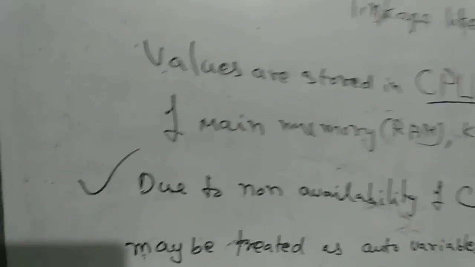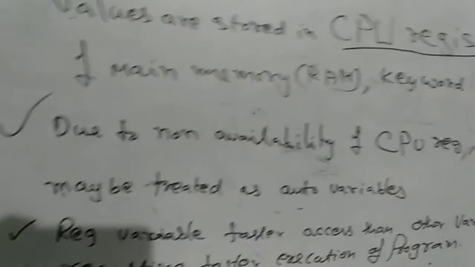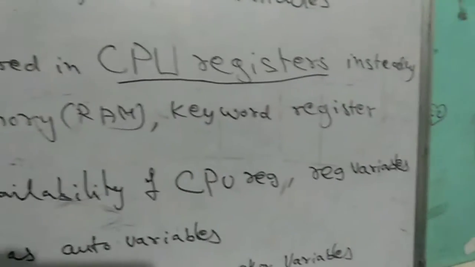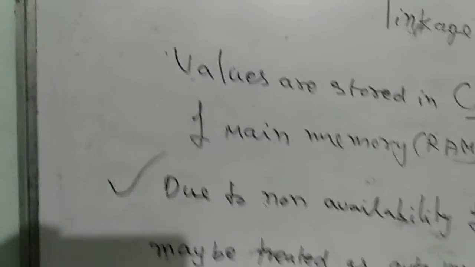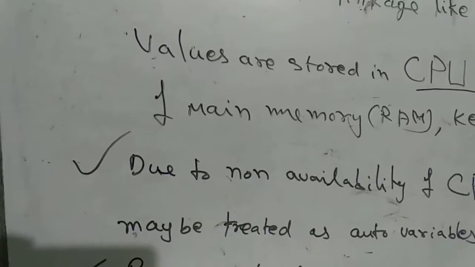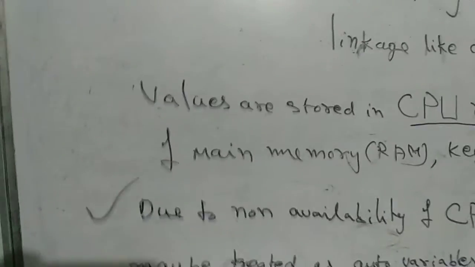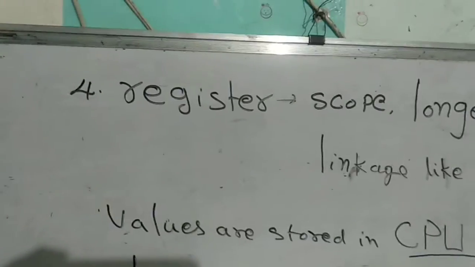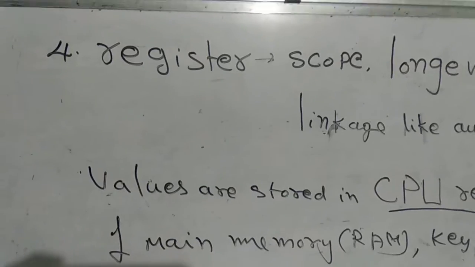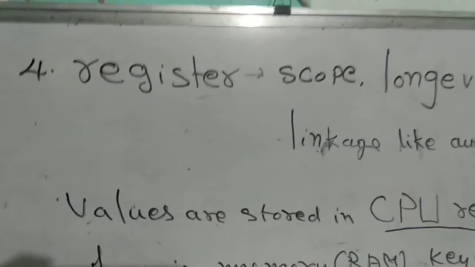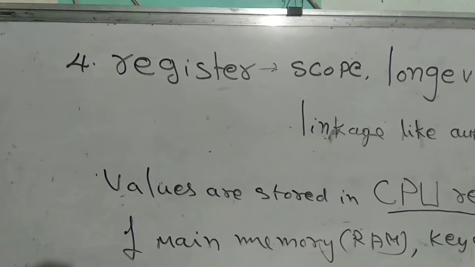The advantage of register storage class is limited by the availability of CPU registers; due to their non-availability, register variables may be treated as auto variables. This is the limitation of registers. Basically, registers are in any CPU. If you take an 8-bit microprocessor, a 16-bit microprocessor or a 32-bit microcontroller, these CPUs have a limited number of registers.